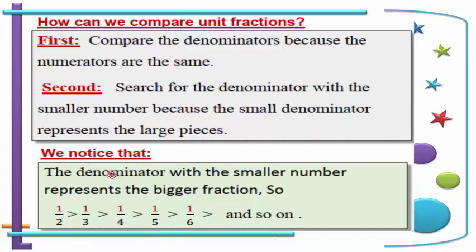We noticed that the denominator with the smaller number represents the bigger fraction. So, half is greater than third, and third is greater than fourth, 1/4, and 1/4 is greater than 1/5, and 1/5 is greater than 1 over 6, and so on.